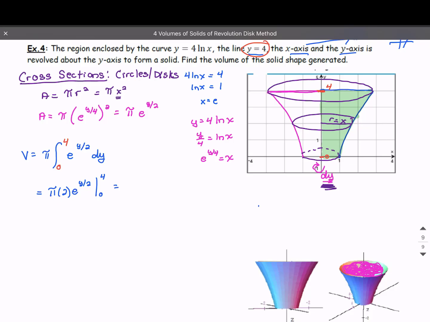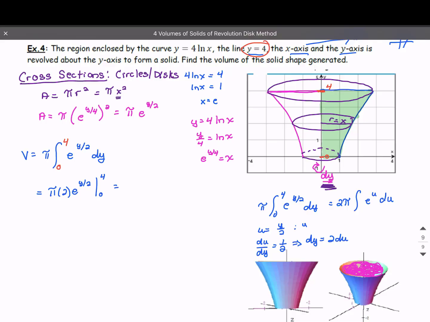If you prefer to do a u substitution, okay, your u would be y over 2. Your du dy is 1/2, which means that dy is 2 du. So you would have pi times the integral of e to the u du, bring out the 2. You have to change your limits.